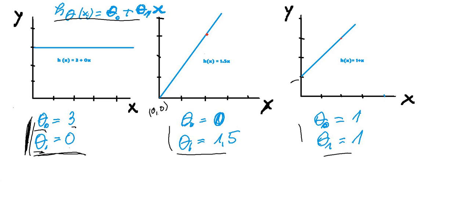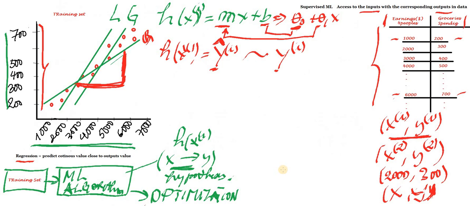So let's go back to our function. As you can see here, we have what you call our predicted value with our actual value. On our hypothesis, the distance between the predicted value and the actual value, we want to compute all these distances.